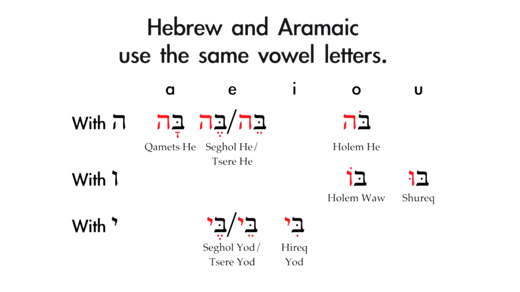And you'll see that in the first category, vowel letters written with hey, you have them in the classes A, E, and O, the kametz hey, the segol and tsere hey, and the holem hey. In the second category, you'll see vowel letters written with wow, holem wow, and shureq. And then in the third category, you'll see segol and tsere yod, and then hiriq yod in the E and I categories. None of this should be new material for you.